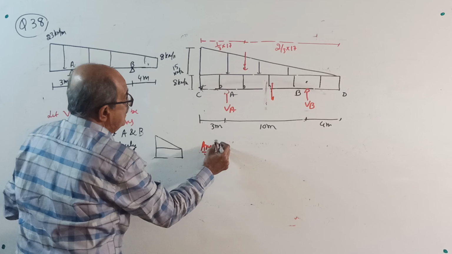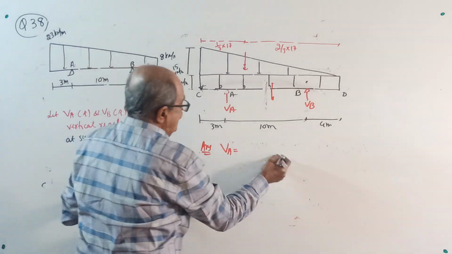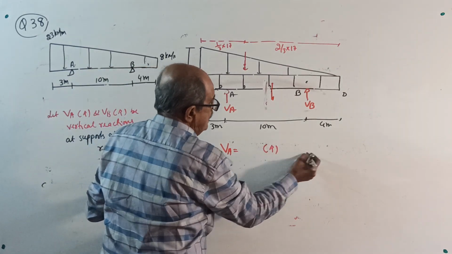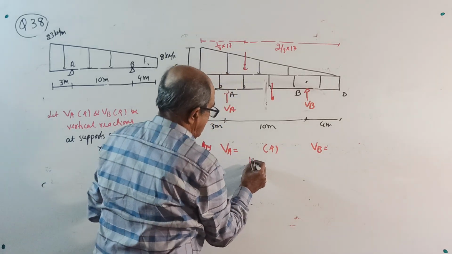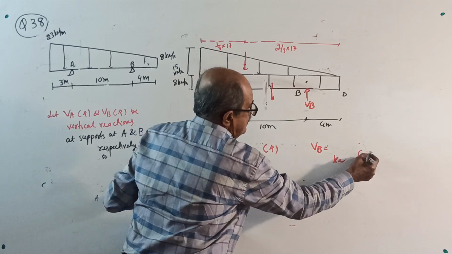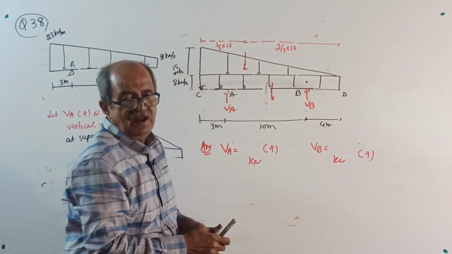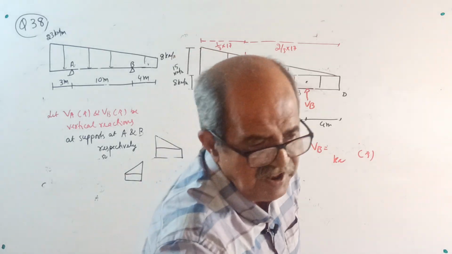Answer for this question: what is VA, in the upward direction, and what is VB, also I will tell in kilonewton upward. I will calculate. No problem, not a big issue calculating that one.